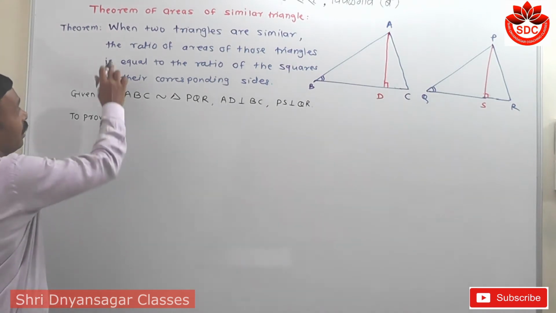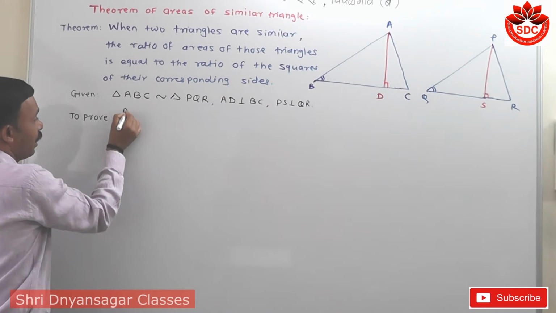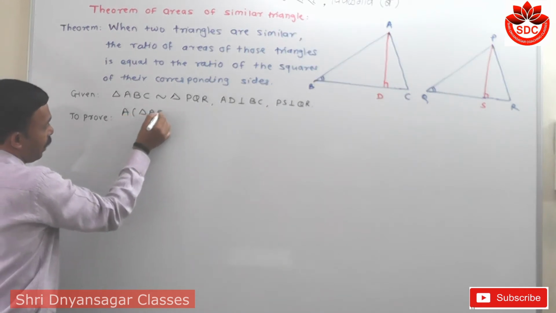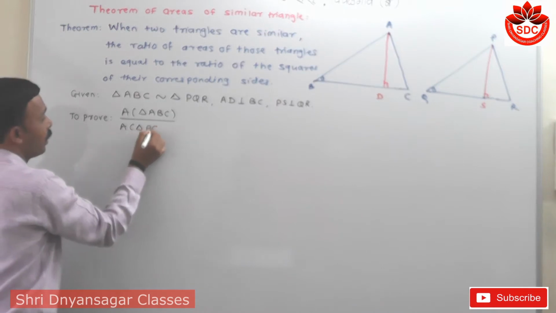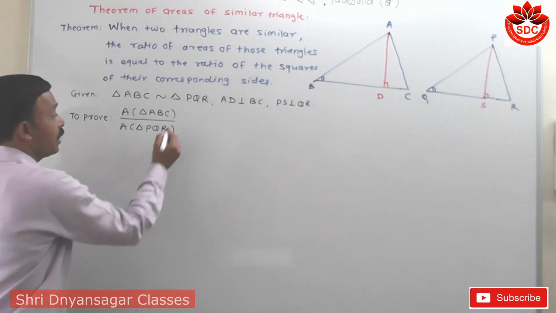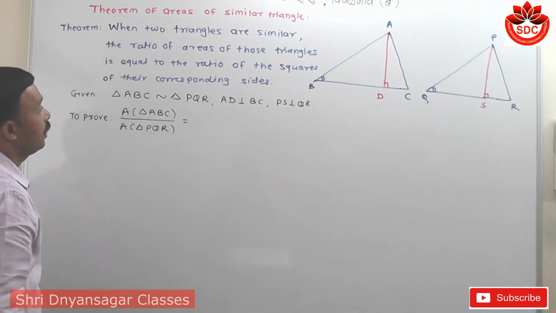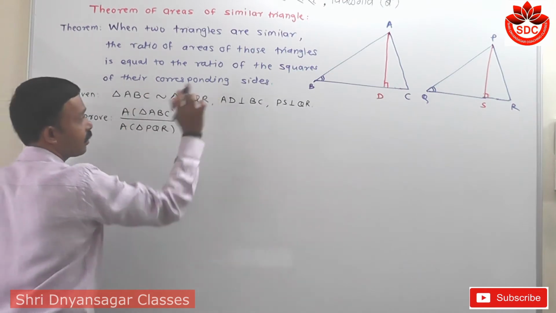is that the ratio of areas of those triangles, means area of triangle ABC upon area of triangle PQR, is equal to the ratio of the squares of their corresponding sides.